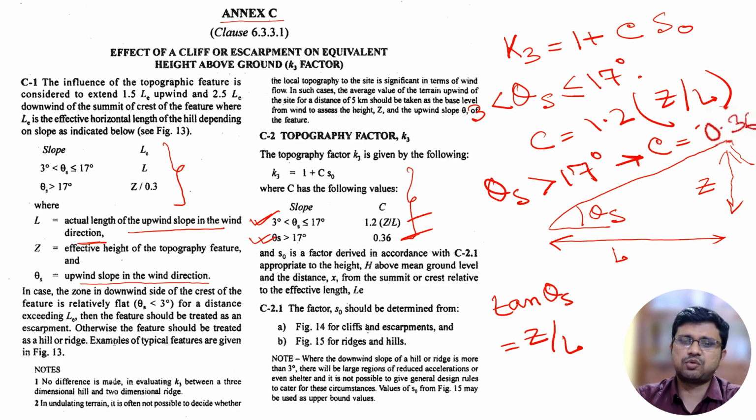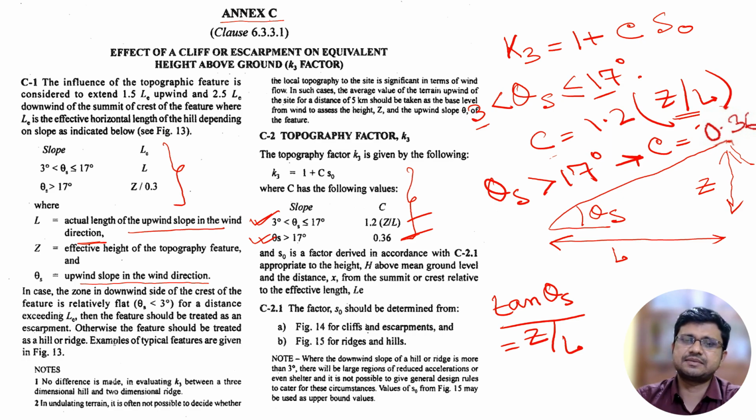0.36. Now what is Z by L? Z by L is actually tan theta s. So when our slope angle changes from 3 degree to 17 degree, the value of C will change in proportion with tan theta s, because Z by L is actually tan theta s. So C is 1.2 into tan theta s.